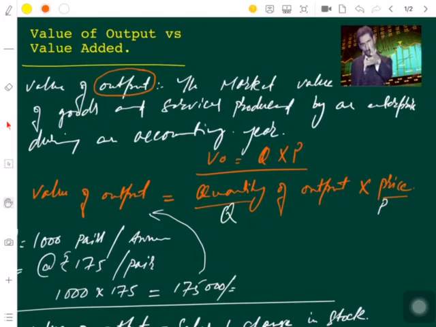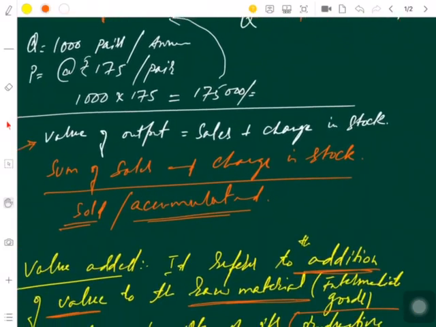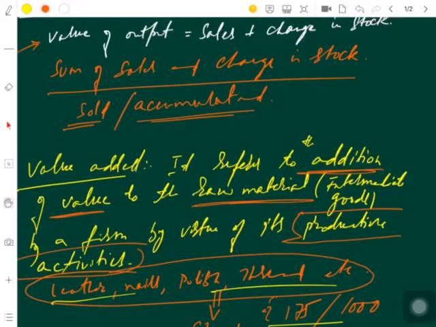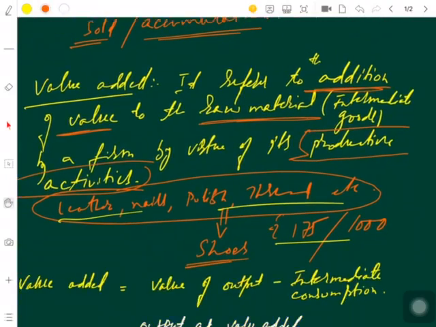So value of output is the market value of goods and services produced by an enterprise during an accounting year, which is equal to the quantity of output into price. It could be termed as value of output also is equal to sales plus change in stock. And this is the sum of sales and change in stock. Okay, this is value added.